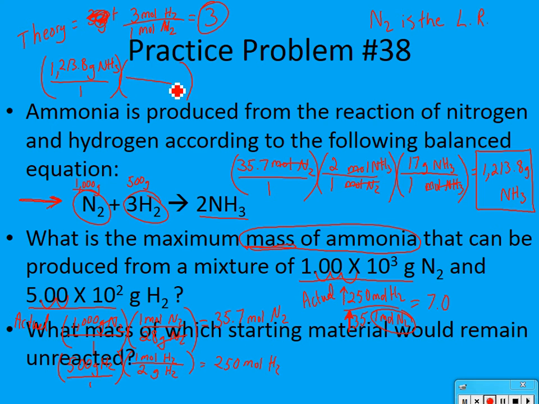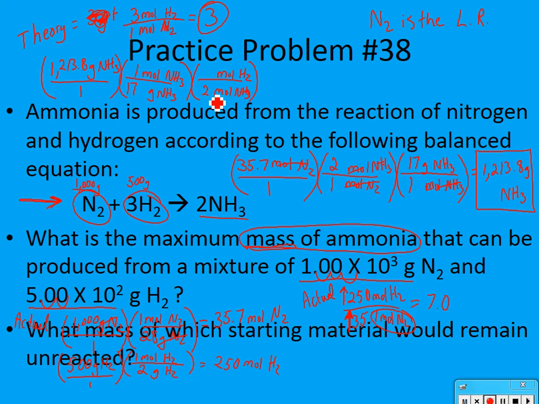If grams of NH3 is going on bottom, we know that there's 17 grams of NH3 in 1 mole of ammonia. Now let's do the mole ratio. Moles of NH3. We're going to go to moles of H2. Where do I get those numbers from? The equation.